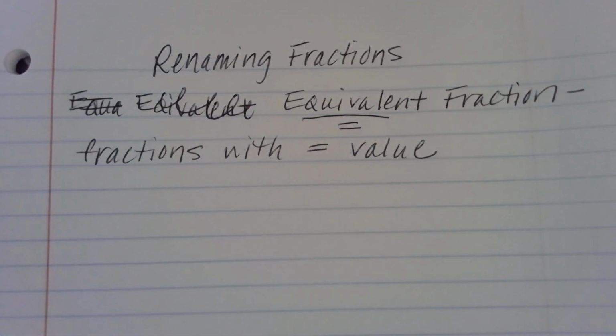Now, yesterday, when we were looking at comparing fractions, we said, okay, let's take a look at our fractions and compare them to how close they are to being half of what their denominator says, right? Half of the denominator.